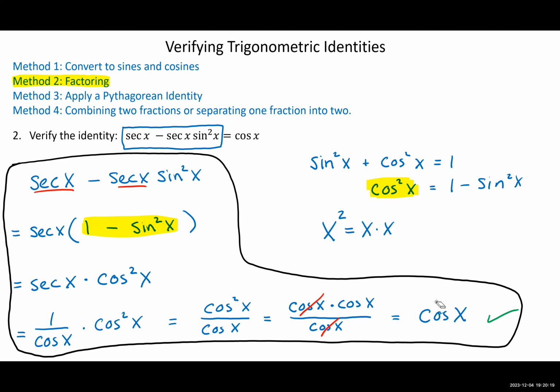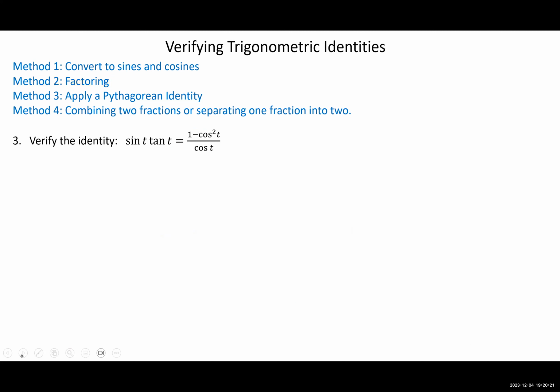All right, let's do another one. Verify the identity: sine of t times the tangent of t is equal to 1 minus cosine squared of t divided by cosine of t. Now you pick one side you might think is more complicated.